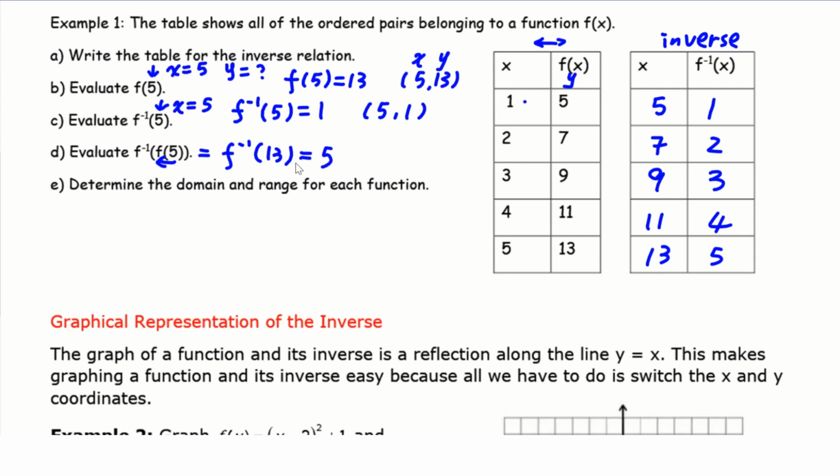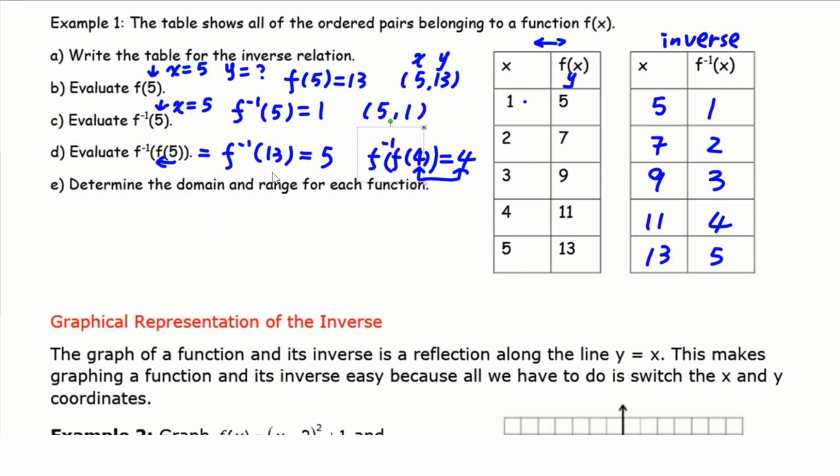You will see if we try other inputs, you will find f at 4 is 11, then for the inverse 11 gives 4. They cancel each other, so input becomes output. If you have the inverse and then function f again, they will cancel each other.